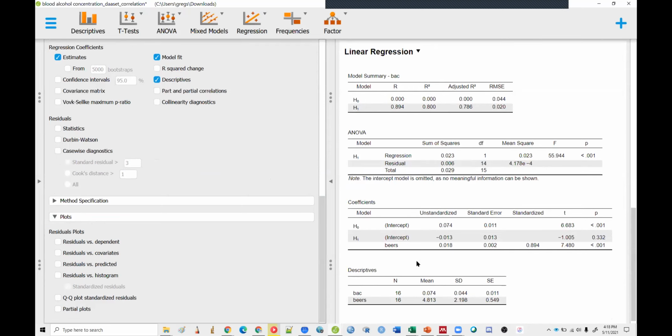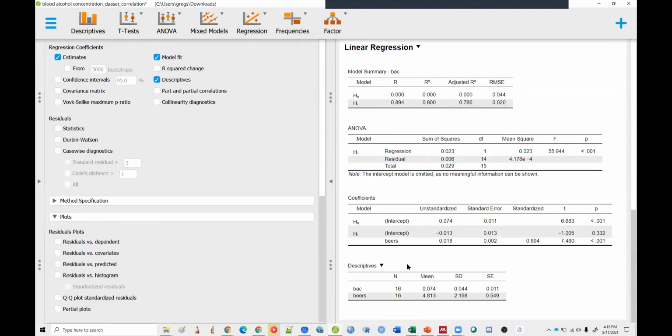But in terms of figuring out the regression line, which had two terms that you didn't know, an a term, which represented the slope of the regression line, that slope is given by this number, 0.018.